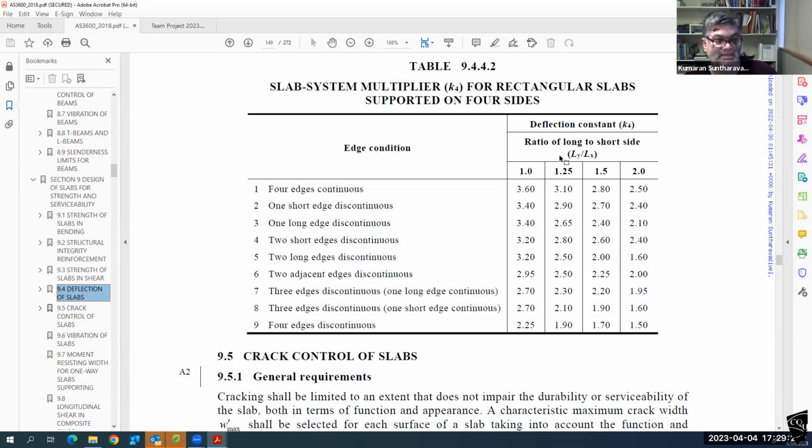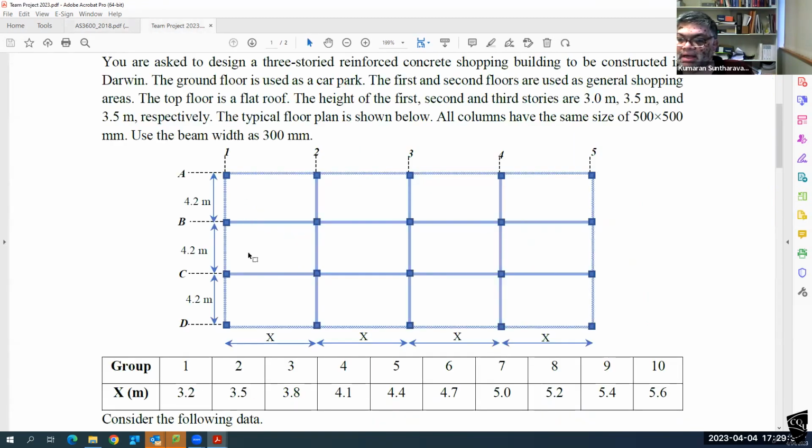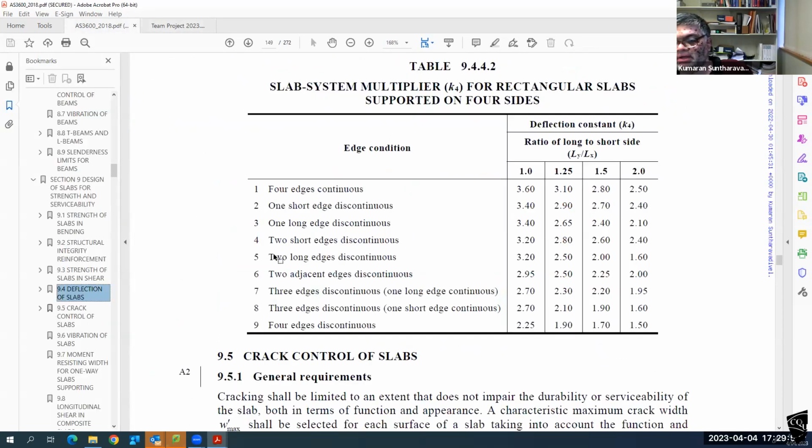I worked these out for the beams as well, and we discussed them in the tutorials. Each slab will have different conditions. This one is 3.8 and 4.2. Two adjacent edges are discontinuous, number 6.